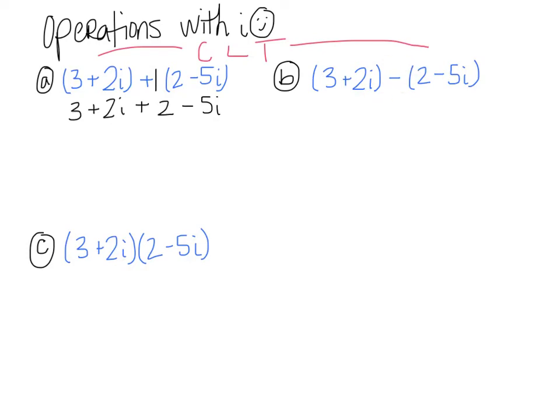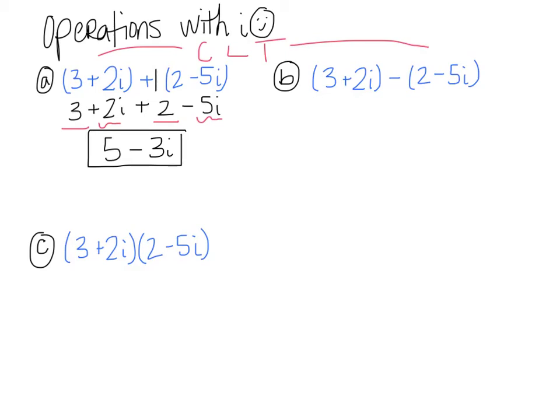Now, back at question A, we're going to combine like terms. My like terms are these whole numbers, and then these complex terms right here. 3 plus 2 is 5, and 2i minus 5i is negative 3i. This is as simplified as that expression can get.